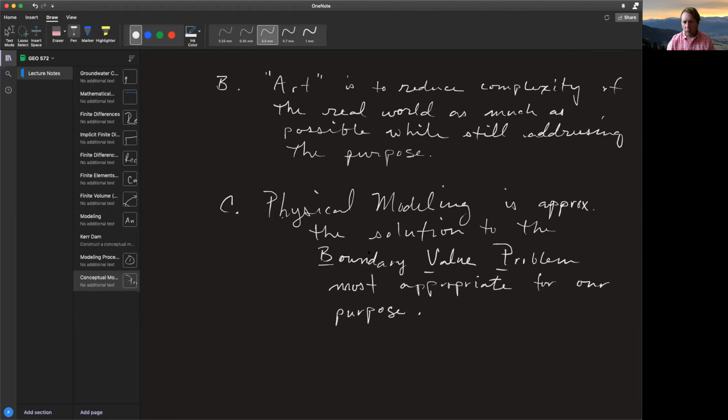So we'll get into this, but essentially, we are trying to construct all the ingredients we need for the boundary value problem and then use one of the methods we've discussed to solve that boundary value problem.